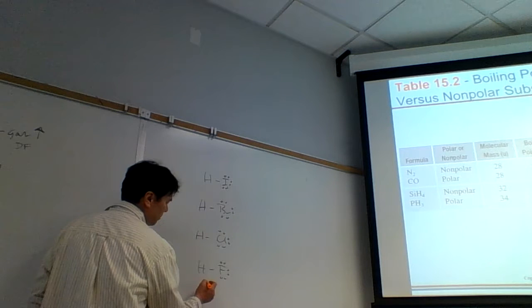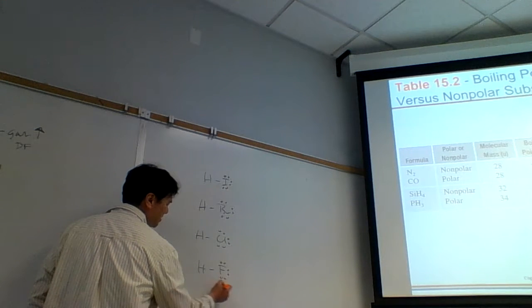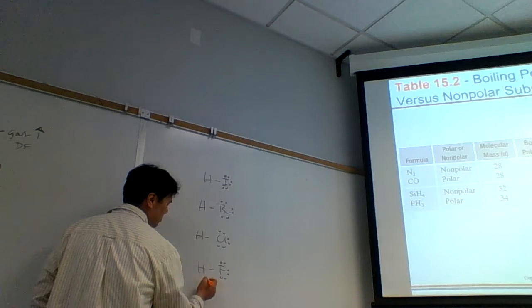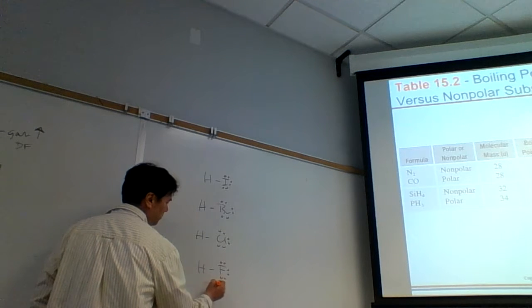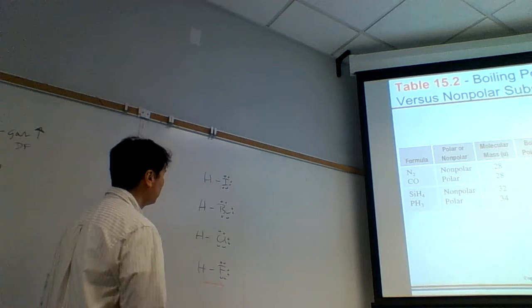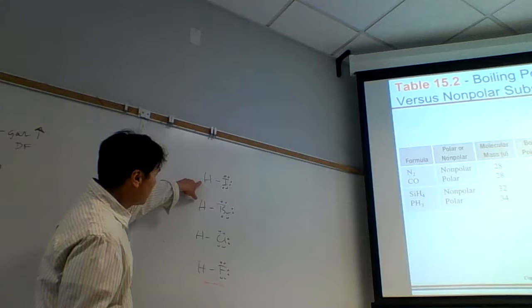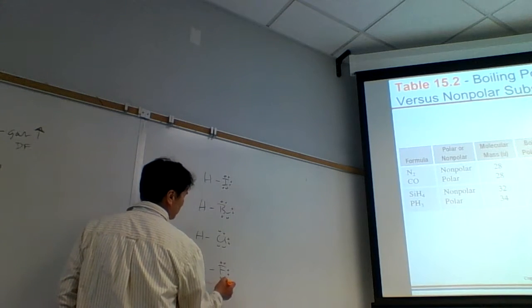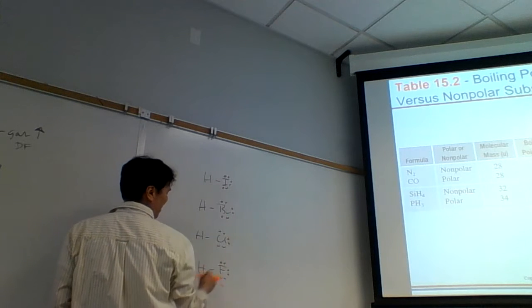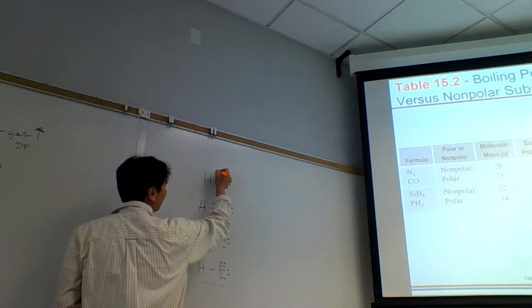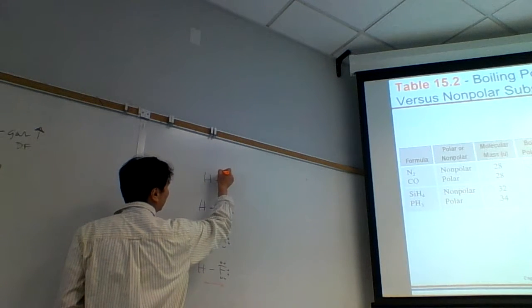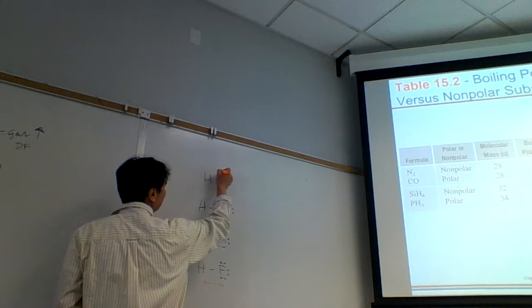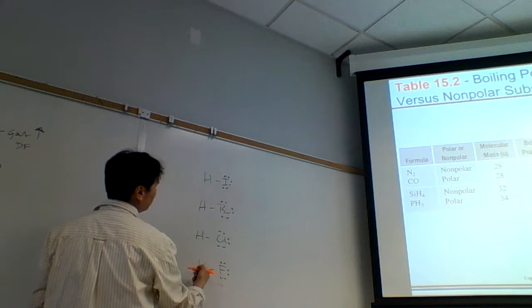And there's a permanent dipole here. For example, fluorine's more electronegative than hydrogen, so it's going to pull the electron cloud towards it. So you have a dipole here. However, with HI, iodine would also be more electronegative, so we'd expect a dipole too, but the dipole will be a lot smaller.